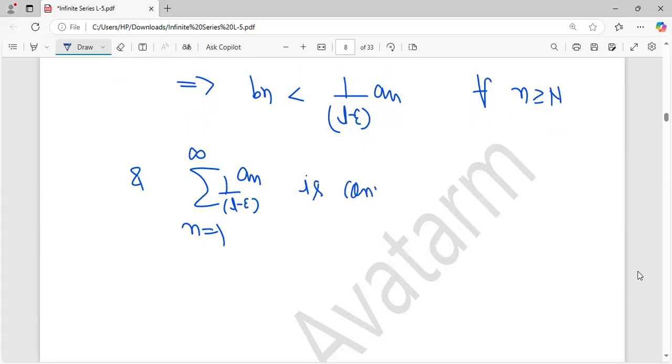Now, the only problem is that we are starting terms from here, but adding or subtracting a finite number of terms does not change the convergence of the series.